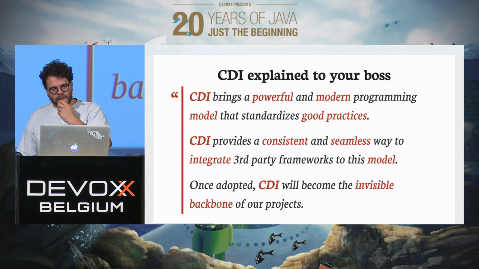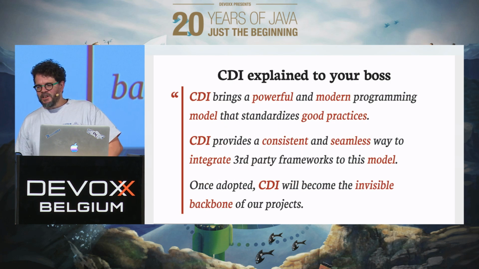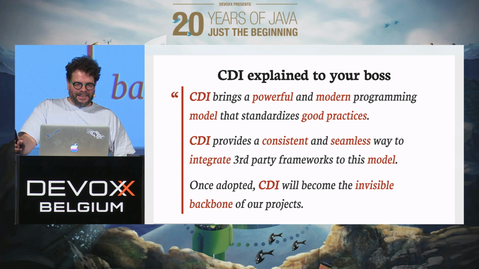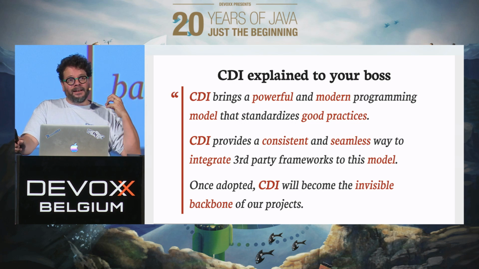So if you had to explain CDI to your boss, you can use this sentence. In fact, it's a way to add a powerful and modern programming model that brings you good practice and standardizes them.